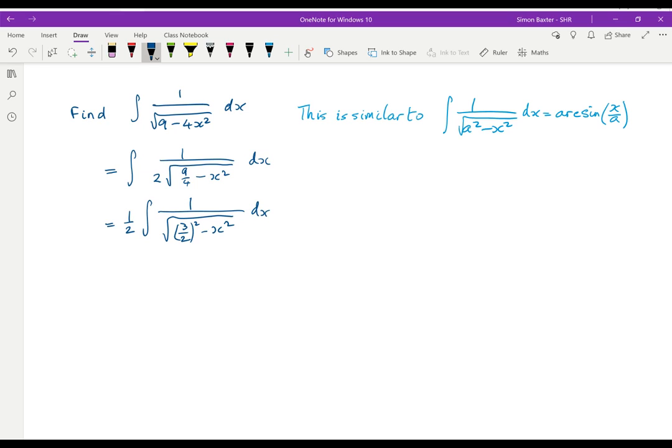And now we have the thing in the right form. That is 1 over a squared minus x squared. So the answer is 1 over 2 arc sine x over a, that's x divided by 3 over 2, plus c.